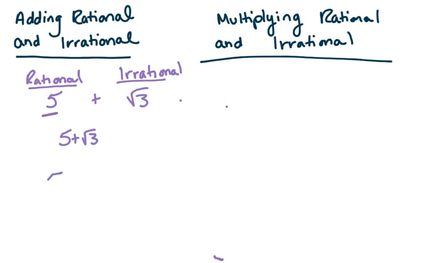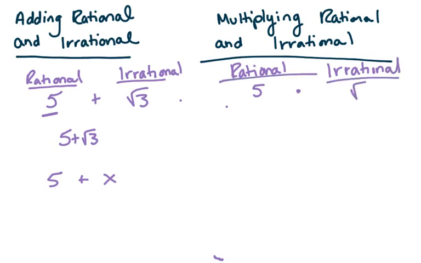Just like if I had 5 plus x, those are not like terms, so I would have to keep it as just 5 plus x. Multiplying with rational and irrational, I'm going to use the same example. So 5 times the square root of 3.